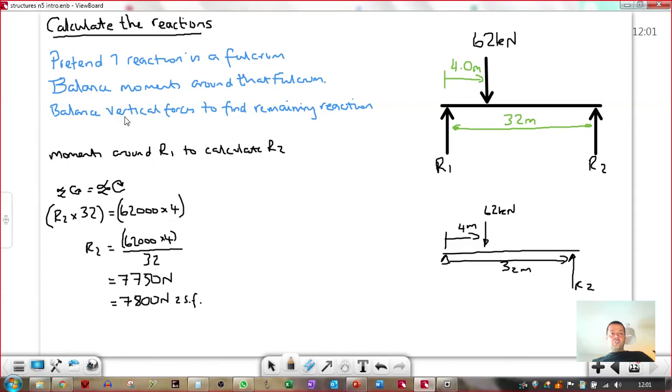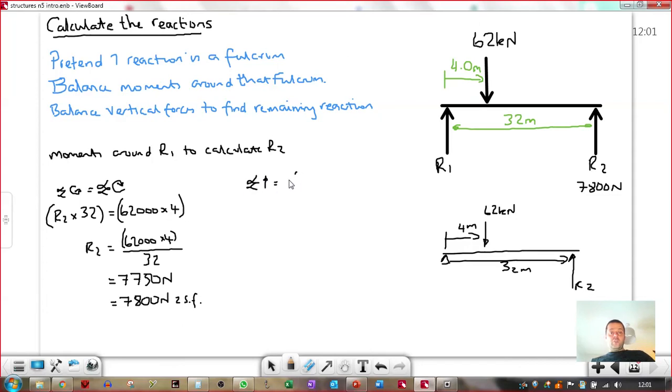That's me worked out R2. I've balanced the moments around the fulcrum, and now I balance the vertical forces to find the remaining reaction. Right now I know R2, which is 7,800 newtons. I don't know R1, so I can now do one of the other conditions for static equilibrium.